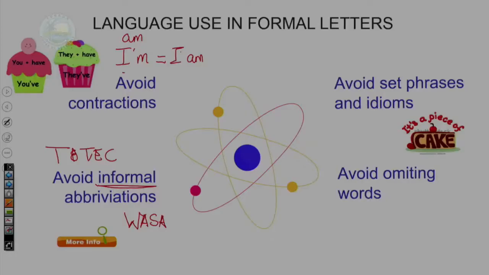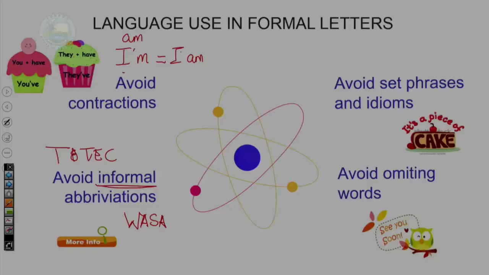You also want to avoid omitting words. This has become so commonplace in our language today that if someone writes, "see you soon," it seems okay. But it's actually omitting the pronoun.